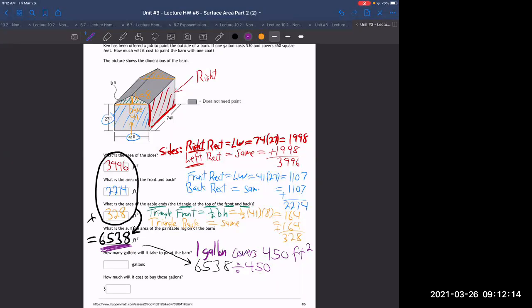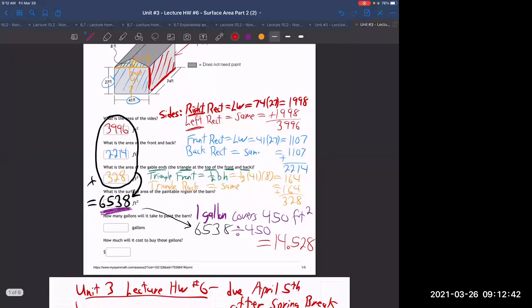So how many times does 450 square feet go in to the total paintable region? And that'll tell us how many gallons of paint we need. And so the answer is, I don't know. Let me see. My calculator tells me 14.528. Now, what should we do with that answer?